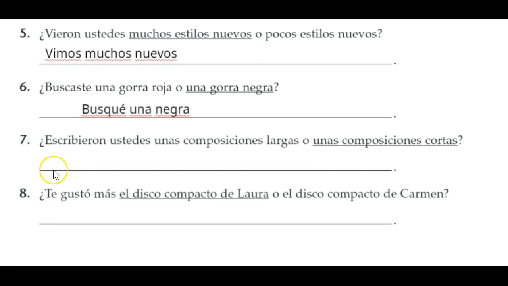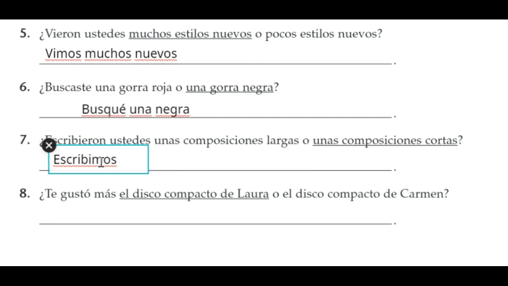Ok, número 7. ¿Escribieron ustedes unas composiciones largas o unas composiciones cortas? Did you all write some long compositions or short compositions? We want to say we wrote. Escribimos. So not only do you have to keep in mind the vocabulary and the verbs and the new kinds of things to think about, but also how you're going to answer, right?